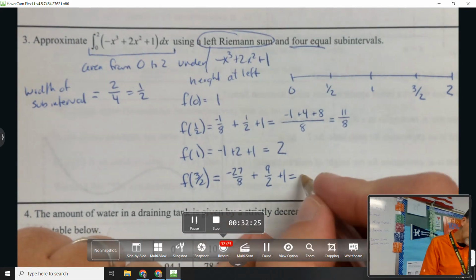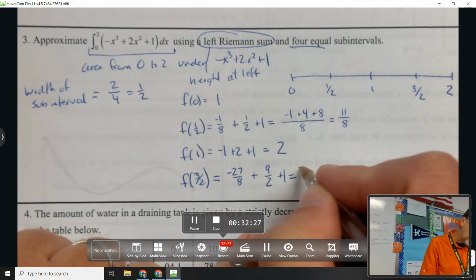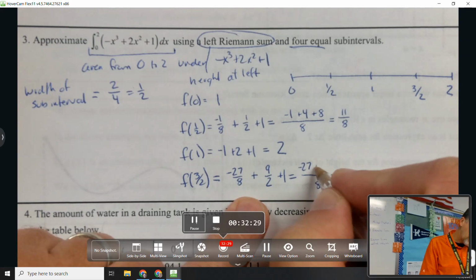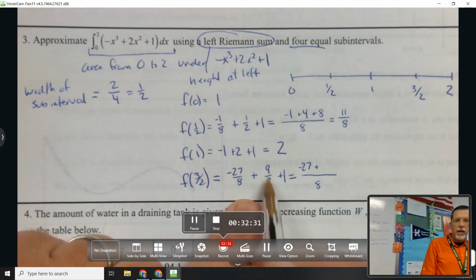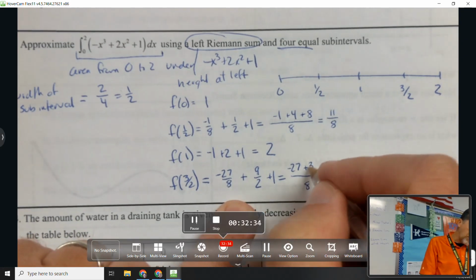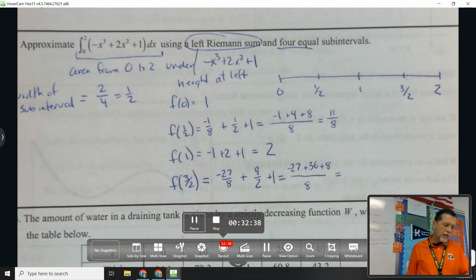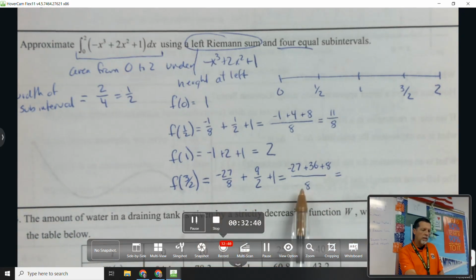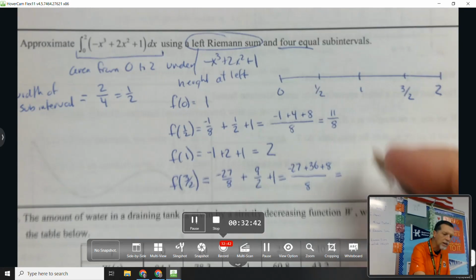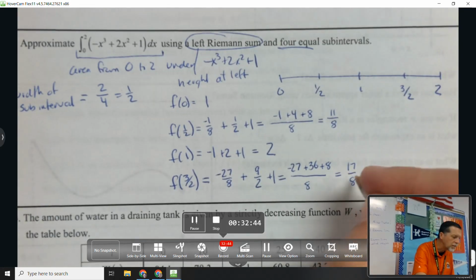Common denominator would again be 8. So negative 27 plus, multiply top and bottom by 4, that'd be 36 over 8, plus 8/8. 36 minus 27 is 9. 9 plus 8 is 17. 17/8.